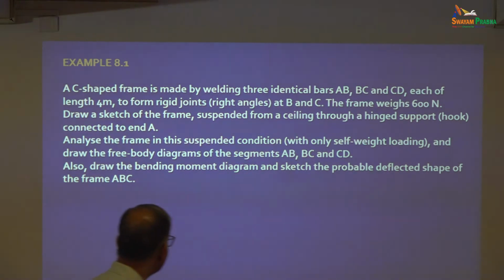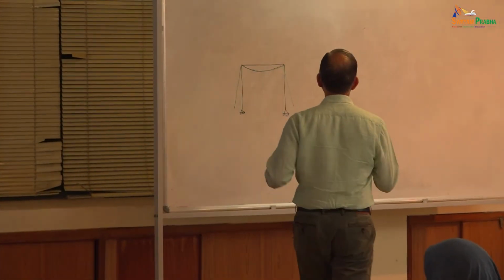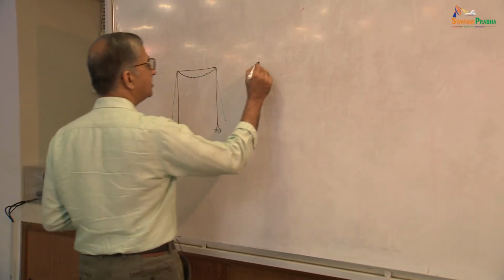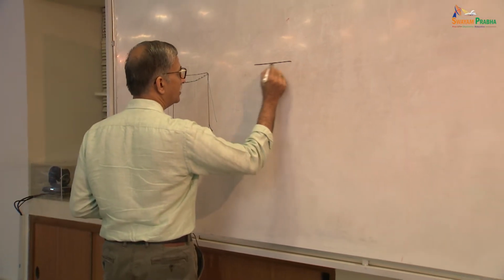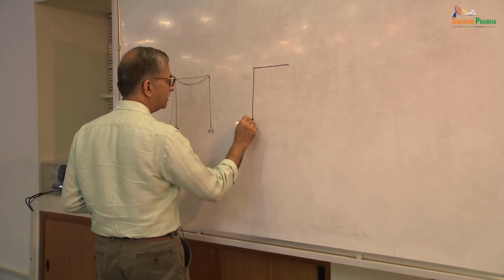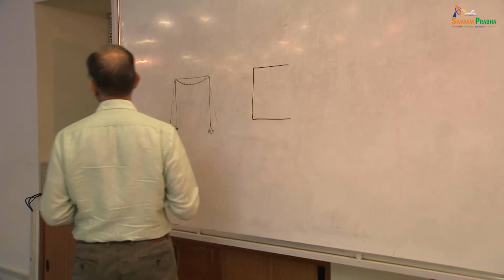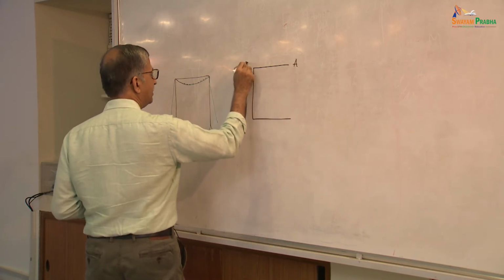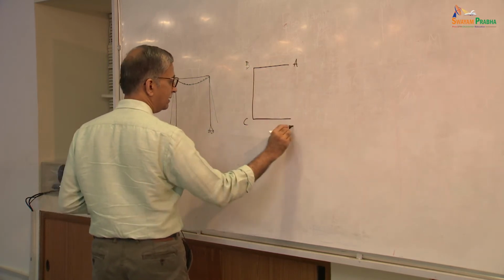Draw a sketch of the frame suspended from a ceiling. So let's first see what the question is. You have a C-shaped frame, identical, so let's draw the C. And let's say A, B, C, D.